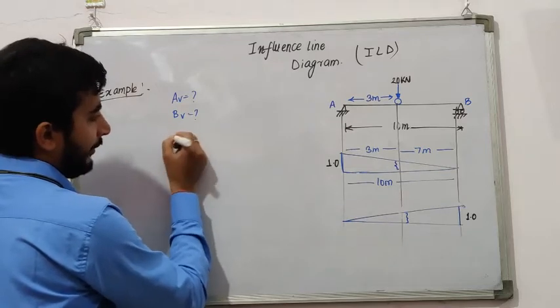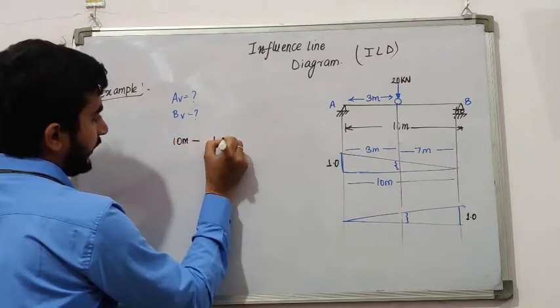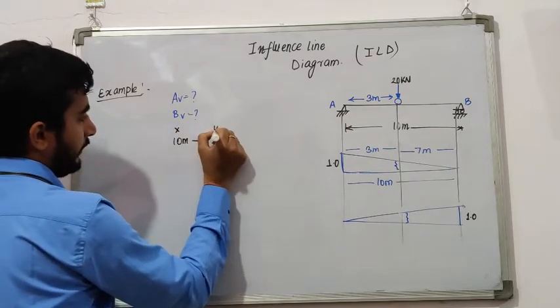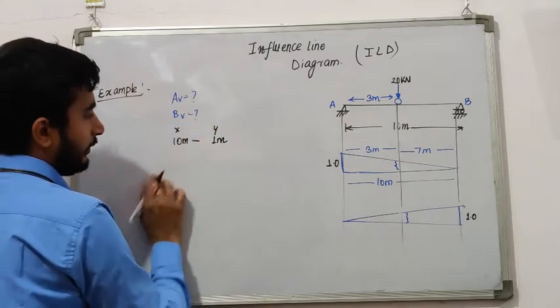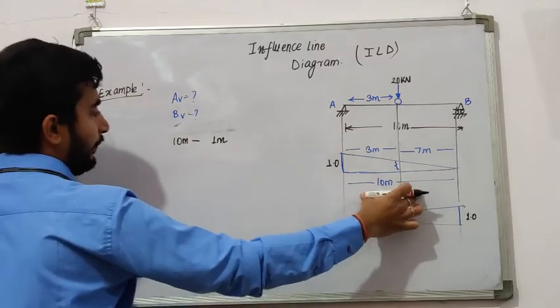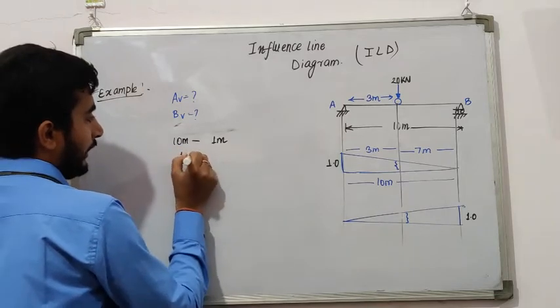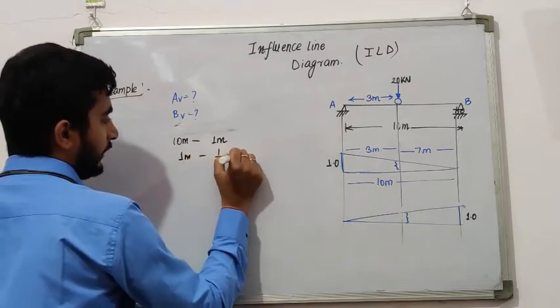for the unitary method we are using, for 10 meter, we have a rise of 1 meter. This is x, this is y. For a 10 meter distance of a triangle, we have 1 meter of rise. So if I move 1 meter in the triangle, I have 1 by 10 meter of rise.